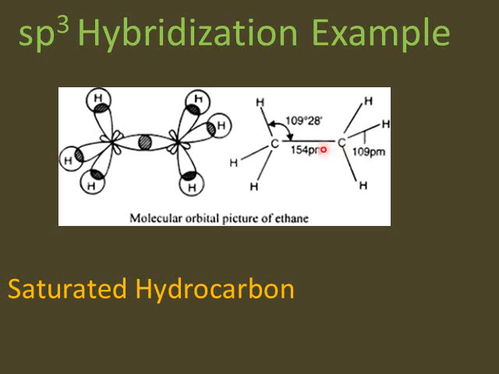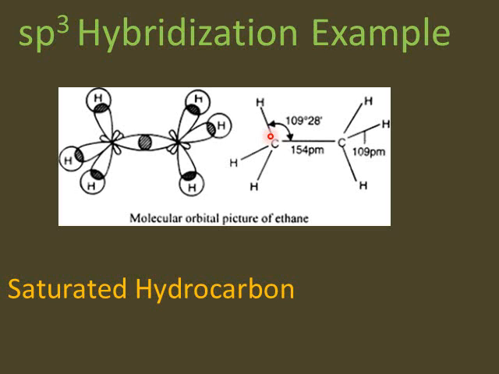So the bond formation between carbon and carbon is sp3 hybridization, and the bond formation between carbon and hydrogen is sp3 hybridization. Now sp3 is the orbital of carbon, while s is the spherical orbital of hydrogen, from where it is donating its 1 electron to carbon.